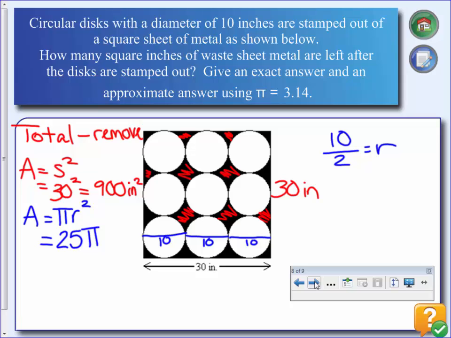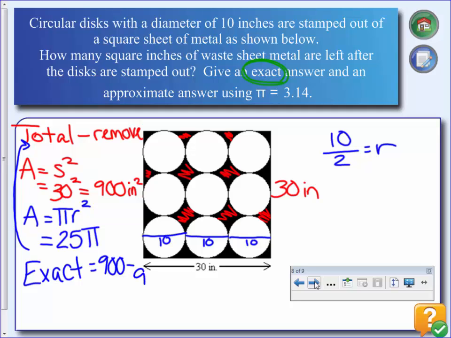Now looking back at the question, it's asking us to provide 2 different ways for the answer to be written. Give an exact answer. So whenever you see those words, the exact answer means in terms of pi. We're not going to plug 25 pi into our calculator. So the exact answer is the total 900 minus what we had to remove, but they are not just one circle, there are 9.